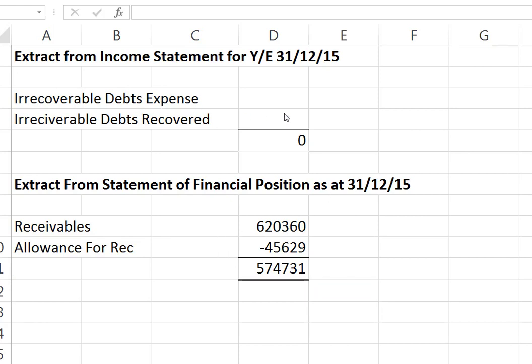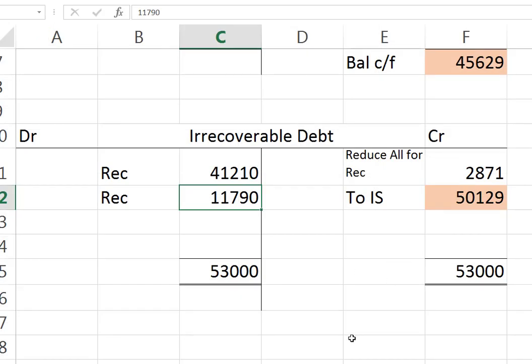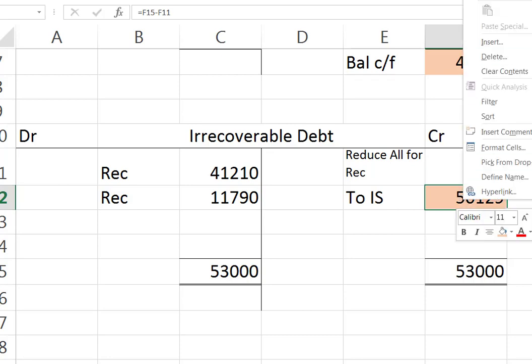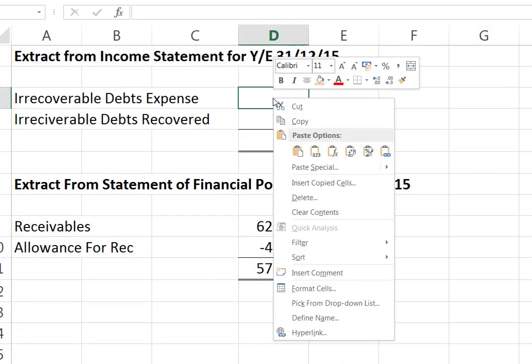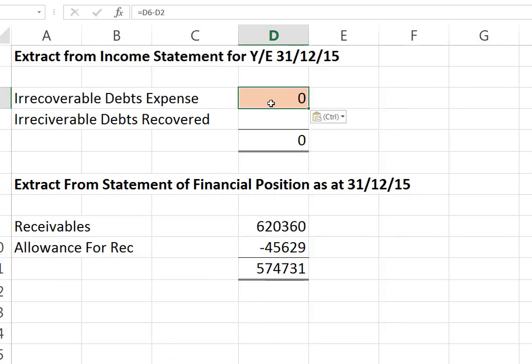Now my irrecoverable debt expense, I'm going to go back to my T accounts. So my irrecoverable debt expense is my 50129. Okay, so copy that. That's my expense for this particular year. Oops, there we go.